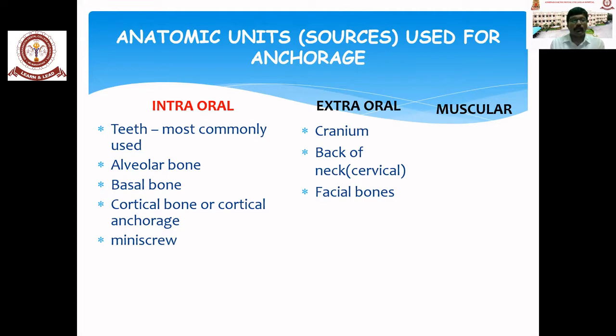It can be cortical bone or cortical anchorage, or a mini screw, which is skeletal anchorage, the latest one. In extraoral anchorage, the cranium, back of the neck, or the facial bones can be used. Muscles can also be used as anchorage, especially the lips and the surrounding muscles.